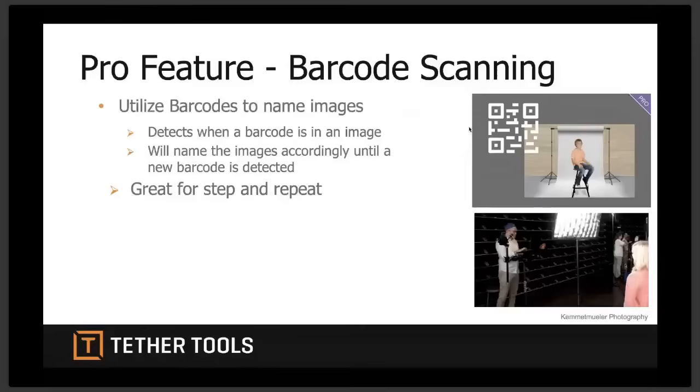But these 2D barcodes, as you see here, can represent email addresses, websites, names, grades. You can put any amount of data into that barcode. Then you print it out, you have the kid hold it when they get their photo taken, and Smart Shooter will name the file based off of the data in that barcode.